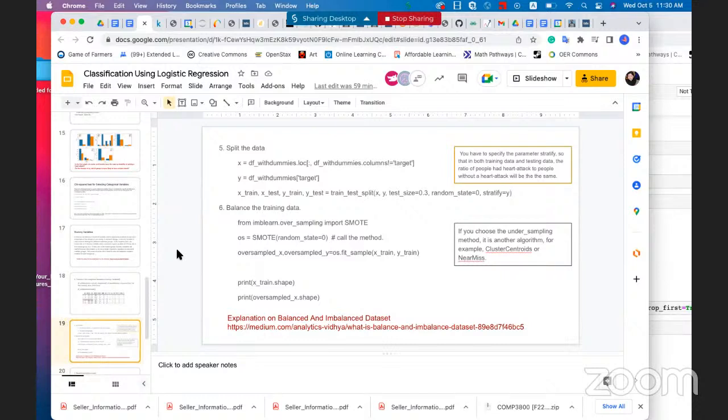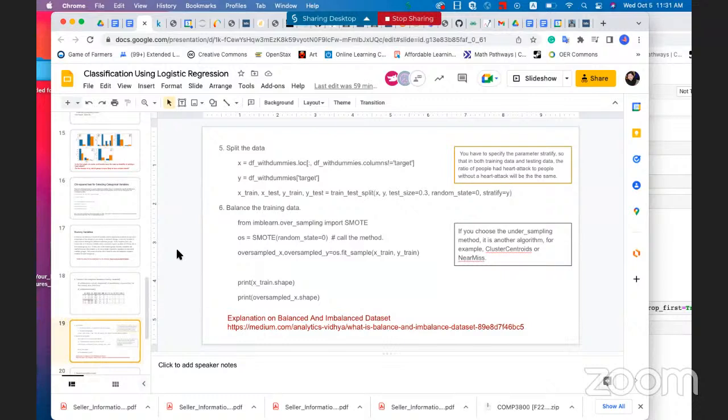When you balance the data, you add samples into the data, or you remove samples. You are changing the originality of the data set. Usually, we split the data first and only balance the training data. We keep the originality of the testing data.